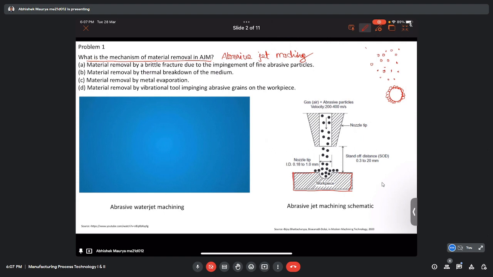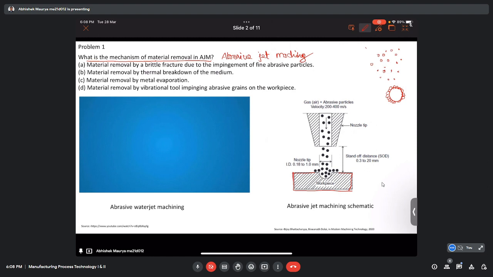Basically, it is not used just for surface finish or good dimensional accuracy. It is important for machining those materials which cannot be easily machined by conventional techniques. It is also used to create some difficult shapes, which I will show in the video.